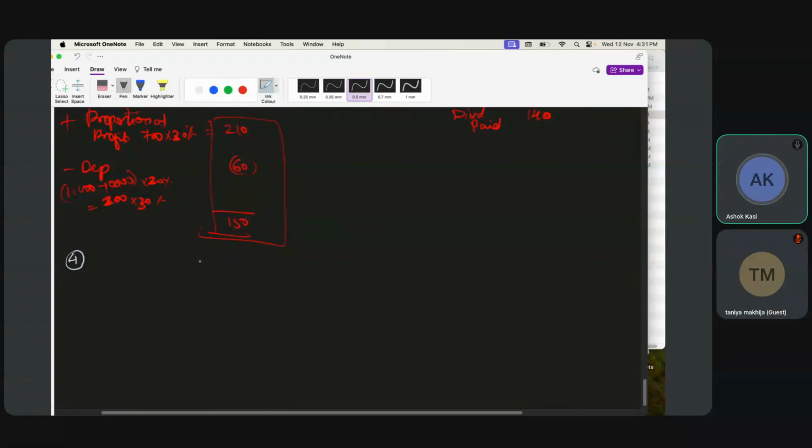So last is balance sheet, right? So first we will write the original balance sheet as it is. So acquirer's balance sheet.